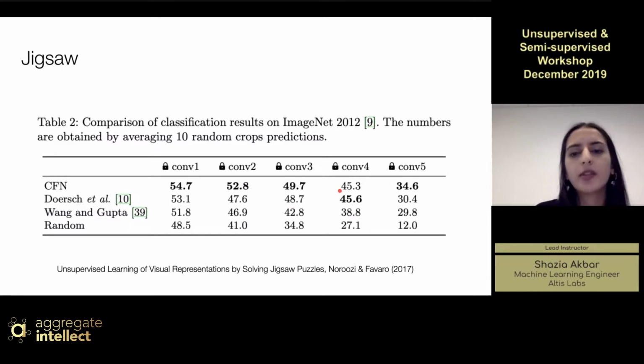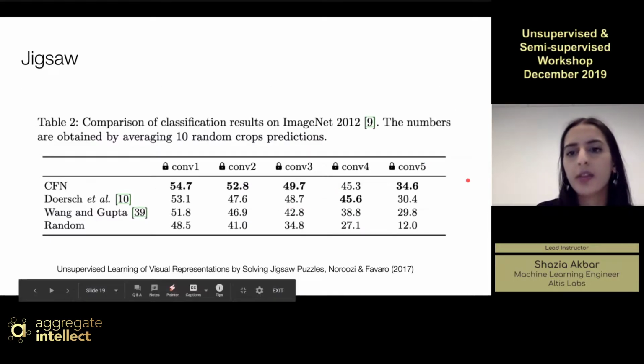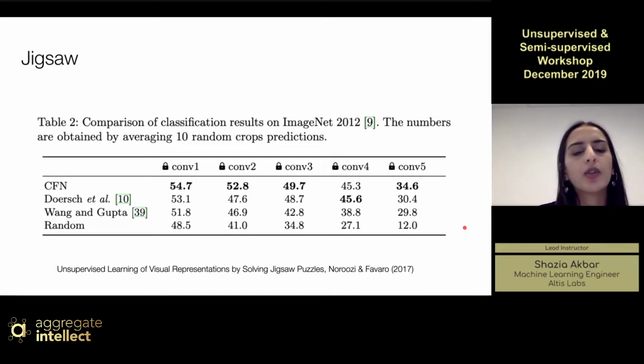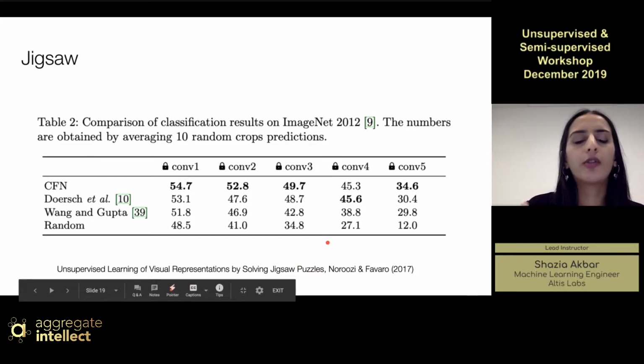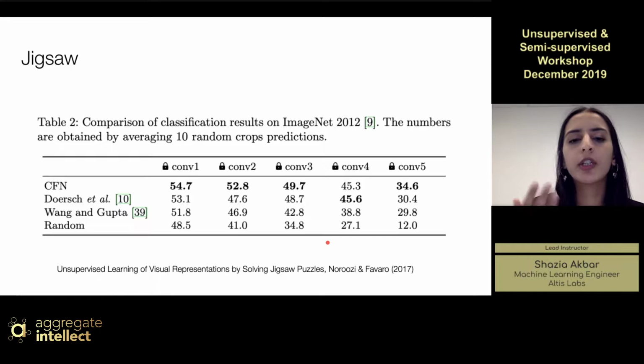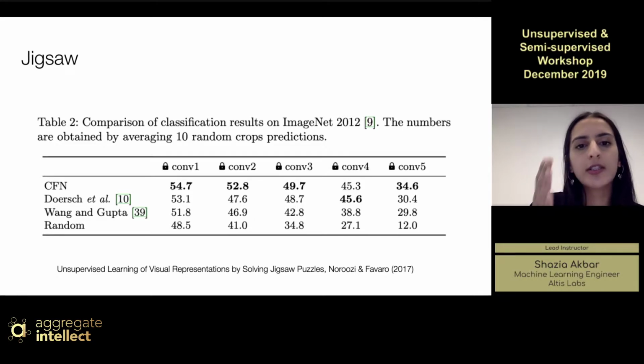So this is some of the results. This is a results table that was also taken from the paper, and I find it really interesting because what they really do in the jigsaw puzzle paper is force the idea that in this network, we're really trying to learn features in every single convolutional layer that you can go away and use for other image detection and image classification tasks.